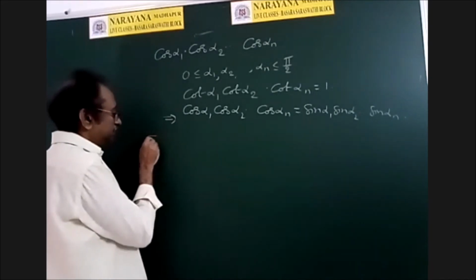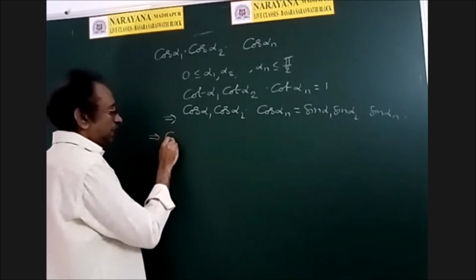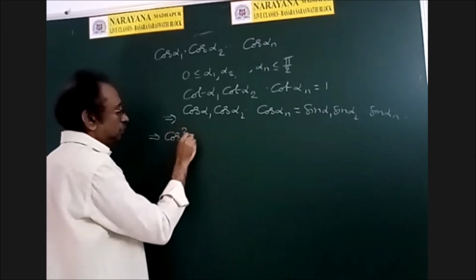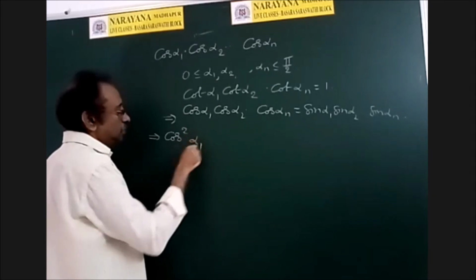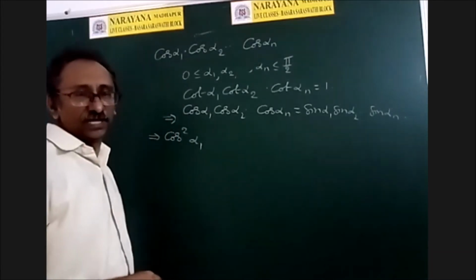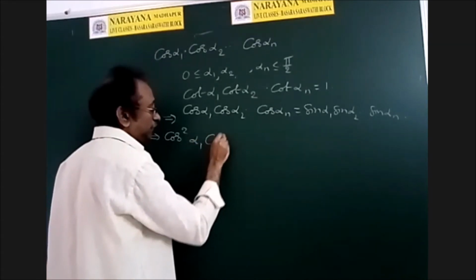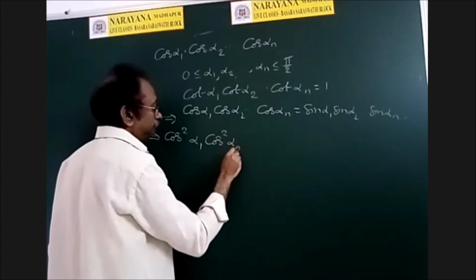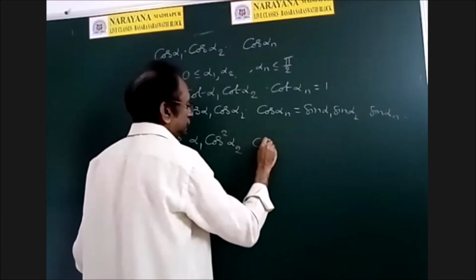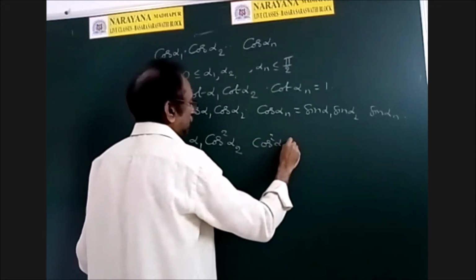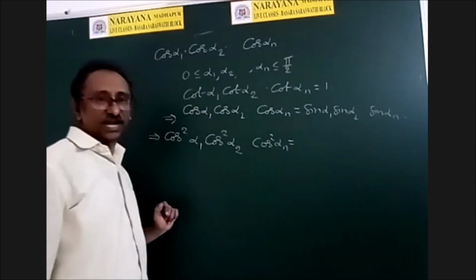Right. See next step. Now I am multiplying both sides with cos alpha 1. Already there is cos alpha 1 here, so you are getting cos square alpha 1. Similarly, multiplying with cos alpha 2, and so on. That is the left hand side. And see what is the right hand side?